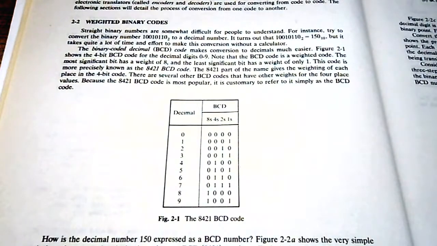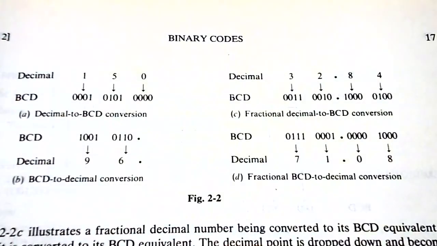And in Figure 2-1, they have a table showing the 8421 BCD code, where they take the decimal numbers 0 through 9 and convert them to their binary equivalents, all the way from 0000 to 1001, representing 9. Then you might want to review Figure 2-2, where they show you a few examples of converting decimal to BCD numbers.